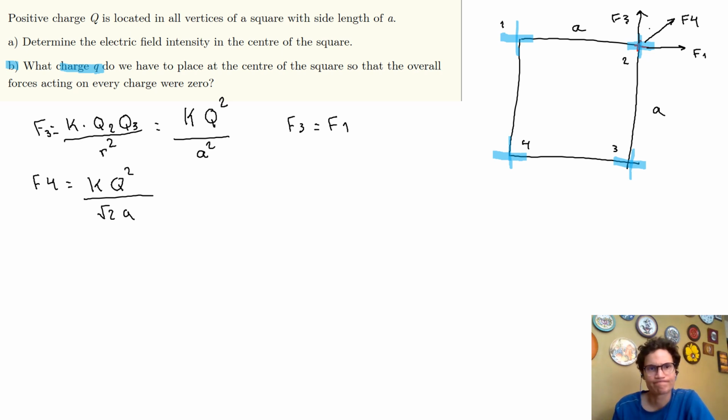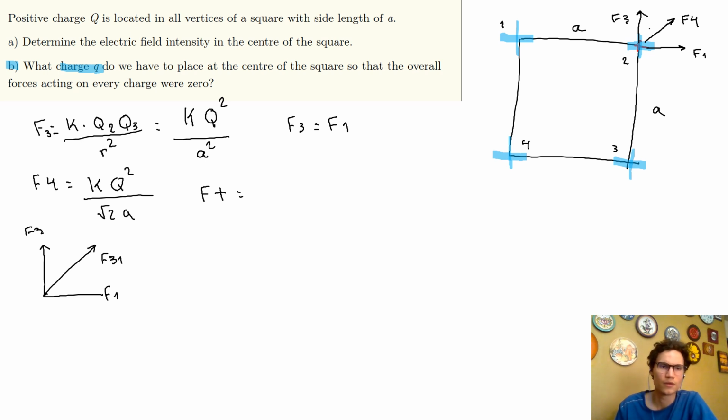So we're looking for this total force, the force Ft, which is equal to the sum of all the forces. But to make it easy, we can first sum, because we have here force 3 and force 1, we can create a force that is in the same direction as force 4. Let's call this force 3,1, the resultant.